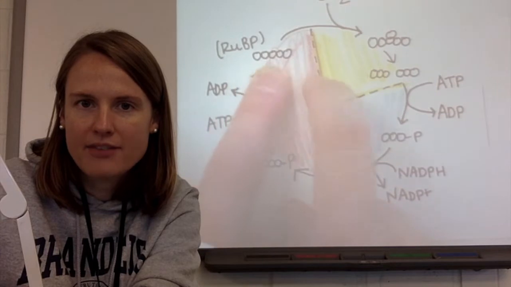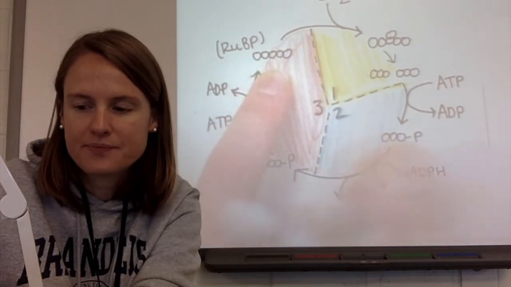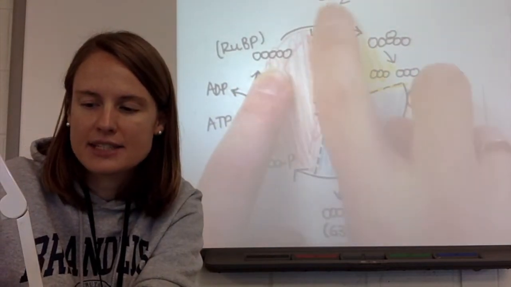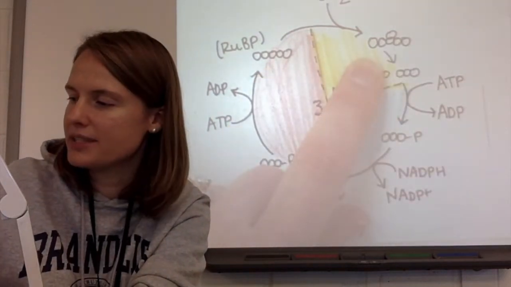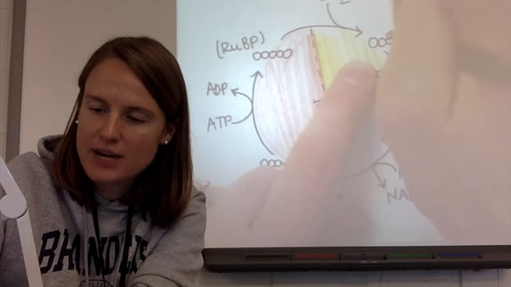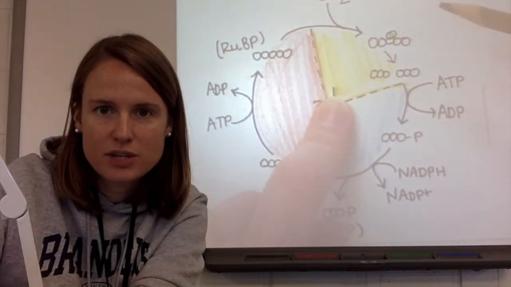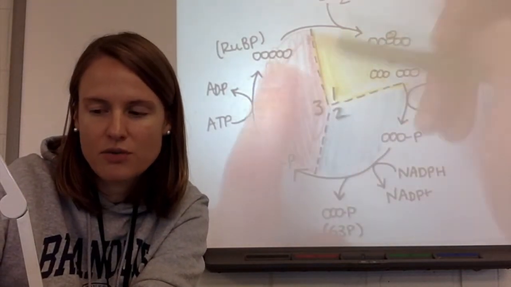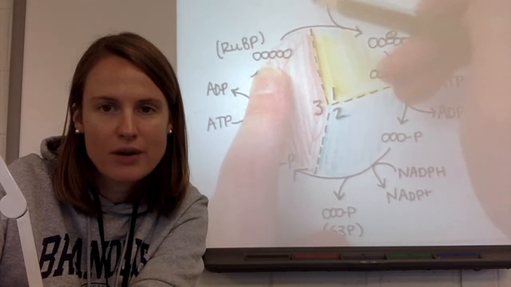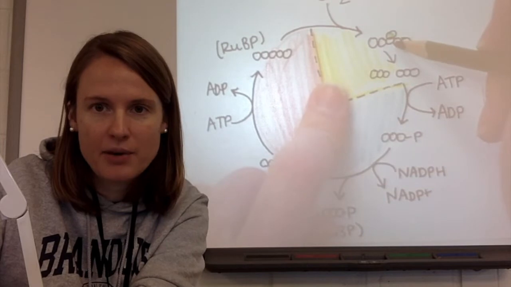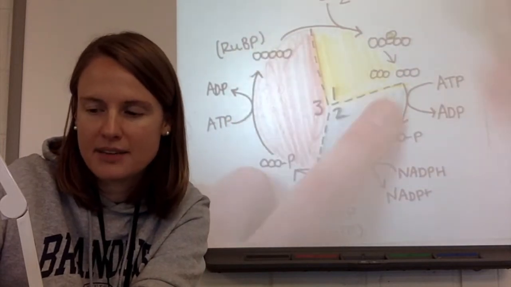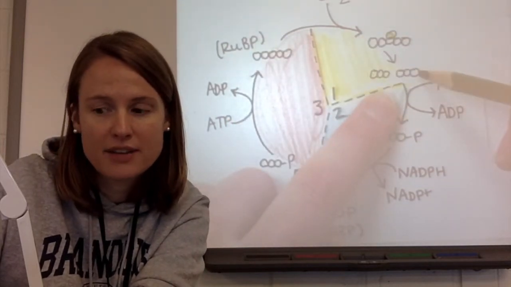That's that 5-carbon chain right here. You can see that this carbon is attached. See that circle that's now there that wasn't there before? So now it's a 6-carbon chain. Each of my little circles is a carbon, right? So 5 carbons here plus the one from CO2. Now we have a 6-carbon chain. This is pretty unstable, so it splits almost immediately into 2 3-carbon chains.